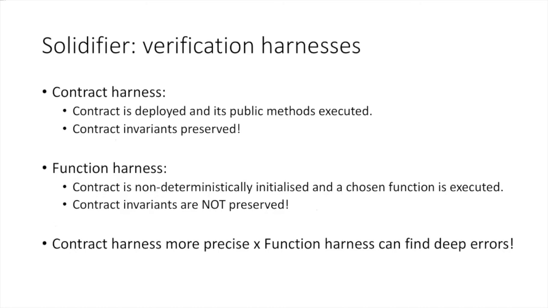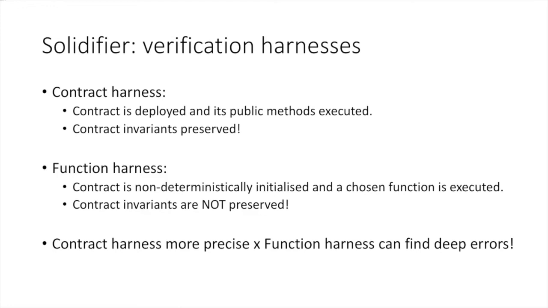Another, and the last missing piece in our exposition of Solidifier, are verification harnesses. Once we formalize and specify the behavior of Ethereum and a Solidity program, we need a verification harness to basically drive the behavior that we want to analyze. We propose two different harnesses in our paper. One is a contract harness, where we try to analyze as closely and as faithfully as possible a specific smart contract.